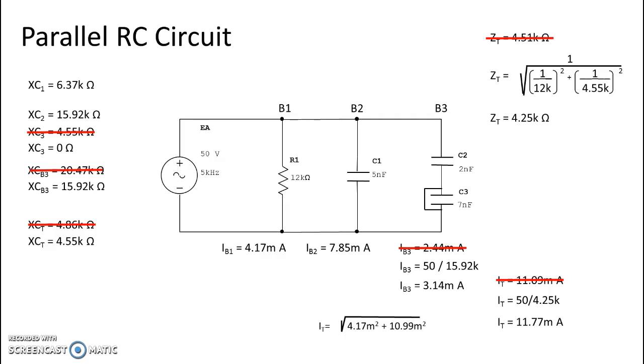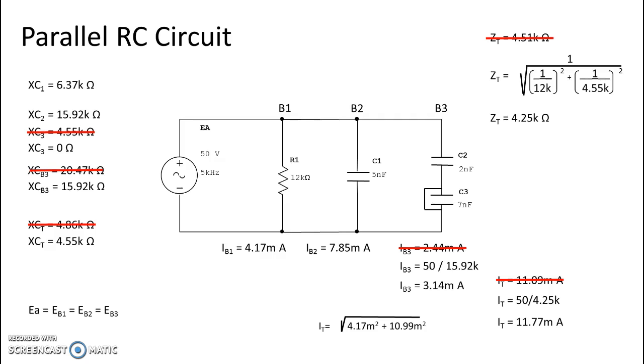Now, if we put our current formula together, we put our new numbers in there, our new total current through our capacitors, we get something that is within just a couple hundredths of our total current of 11.77 milliamps. Alright, now voltage. Branch 1 and branch 2, R1 and C1, both still see 50 volts.